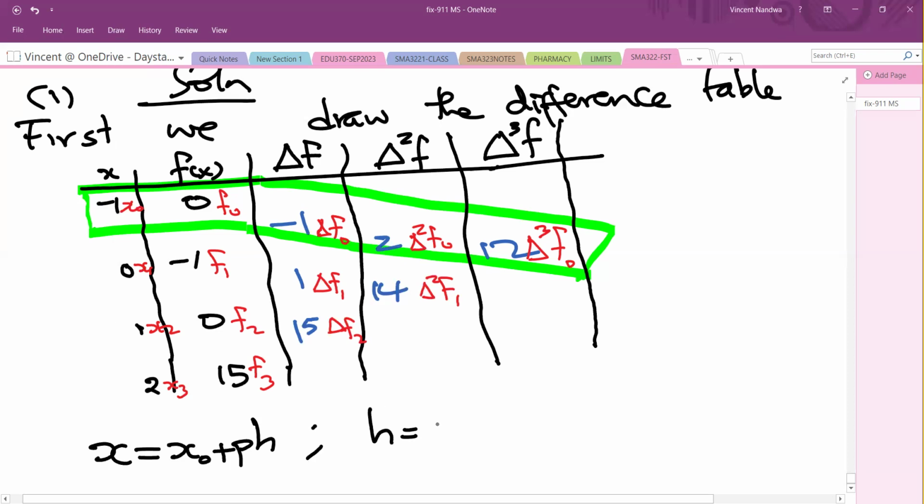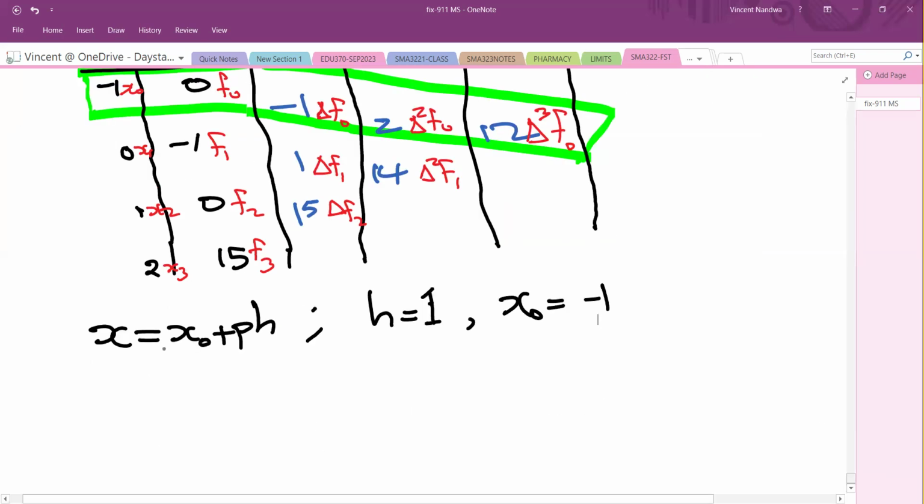So the difference between 2 minus 1 is 1, 1 minus 0 is 1, 0 minus -1 is 1. So h is 1. And then x naught is given by minus 1. Replacing them in this formula, we'll have x equals minus 1 plus p times 1, which is minus 1 plus p.